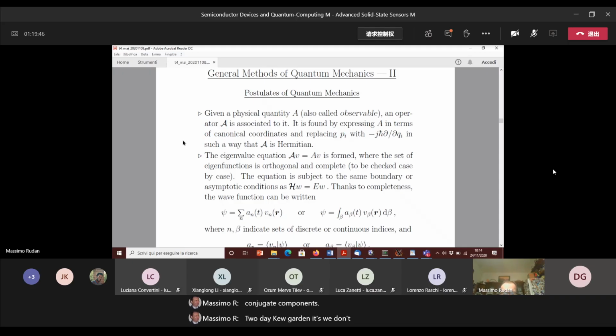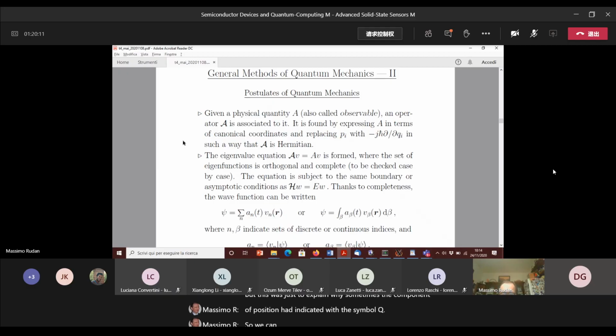We don't consider this, okay? When we shall use some example, we shall always consider the Cartesian coordinates, okay? But this was just to explain why sometimes the components of position are indicated with the symbol Q.